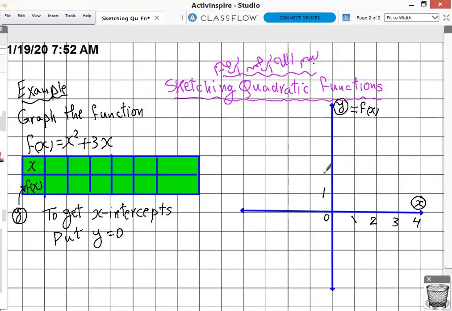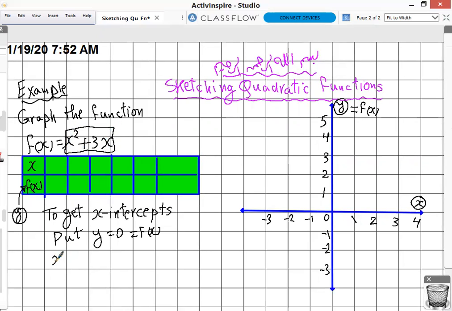Complete your values for the axis. Then put y equals 0. What is y? It's f of x. Okay? Then here is our f of x.